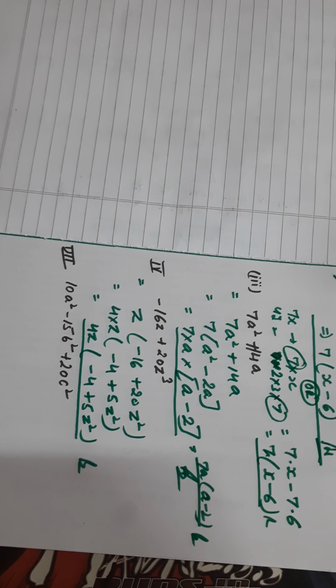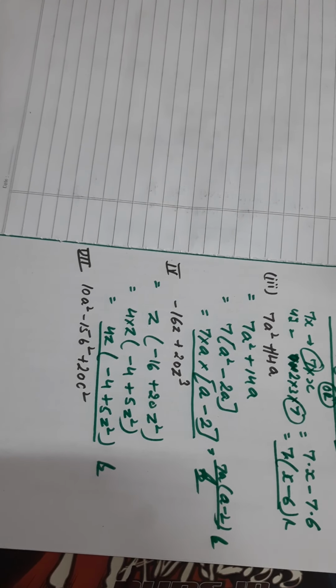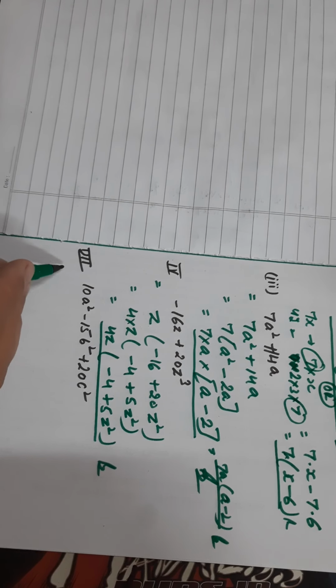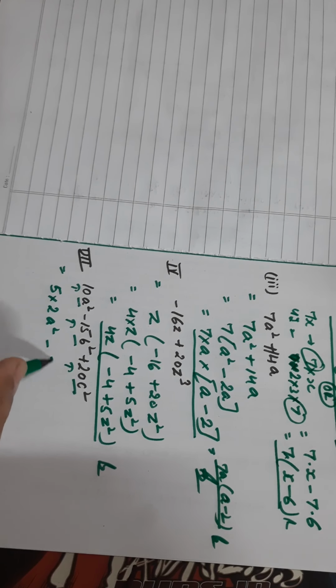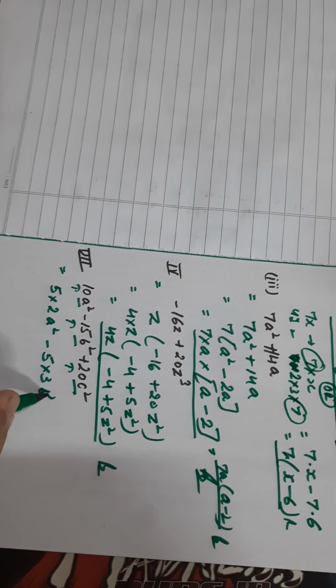Now moving on to the seventh part, it says 10a square minus 15b square plus 20c square. You can find it separately or combined way also. a square, b square, c square, nothing is common. 10, 15, 20: you can find only one thing common, that is 5. 5 into 2, 10. 5 into 3, 15. 5 into 4, 20.